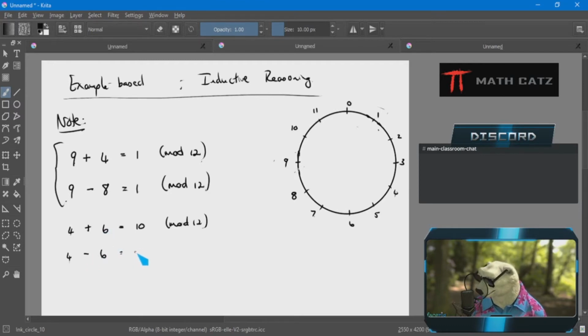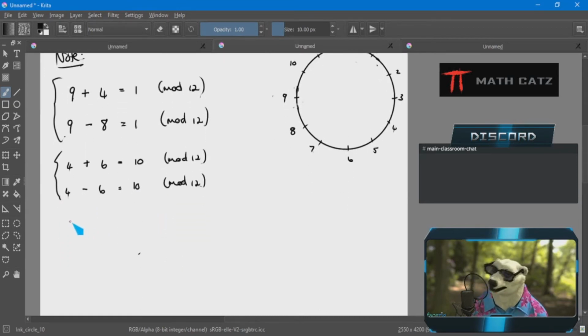Sometimes it's the same because I'm right on the other end of the circle, right? The other side of the circle. And I'll get to 10 as well. Okay, so again, same starting position, same end position. I can add something and subtract something, and that something can be the same. Let's do one more.